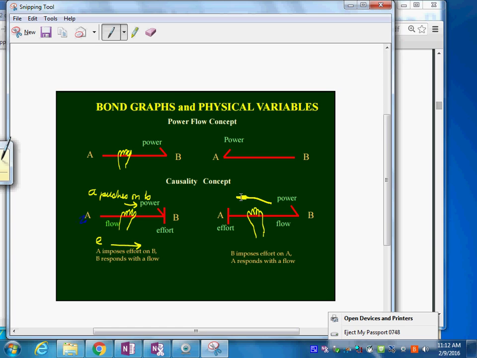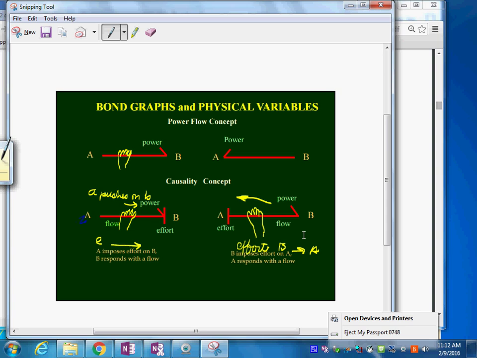So you have the ability to express the power flow by just the half arrow, and the ability to express how the effort goes by the crossbar. See, this is the effort right here, in one case from left to right, and the other one from right to left. That's how we interpret this.